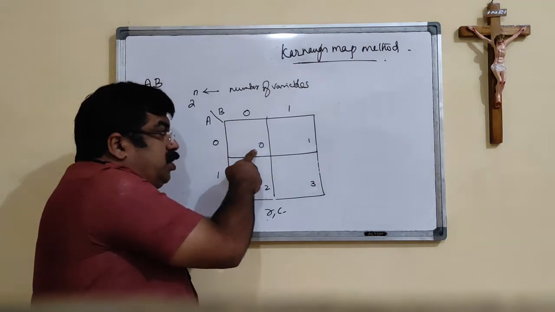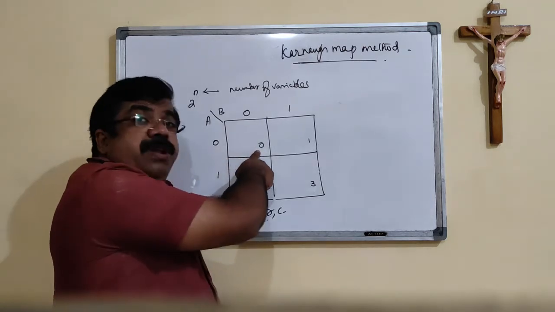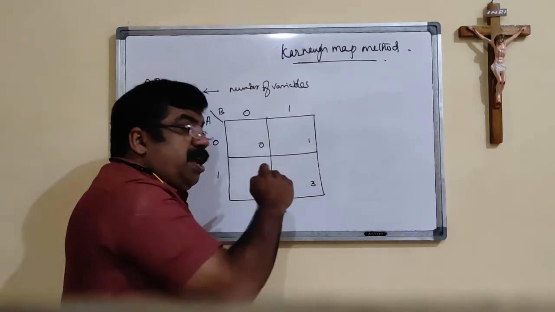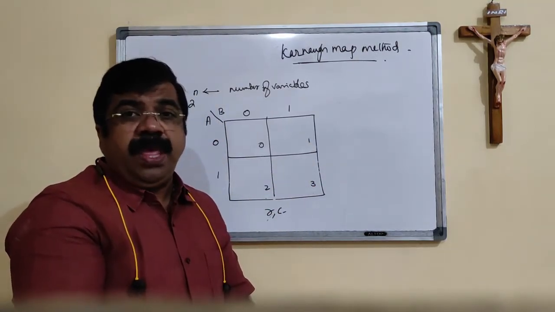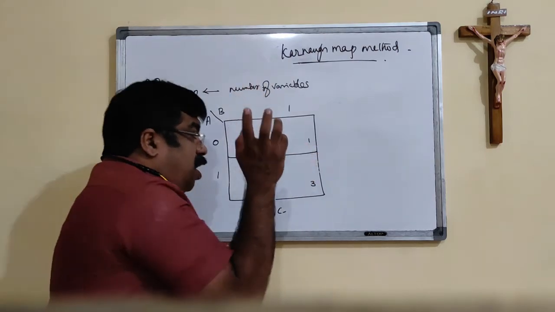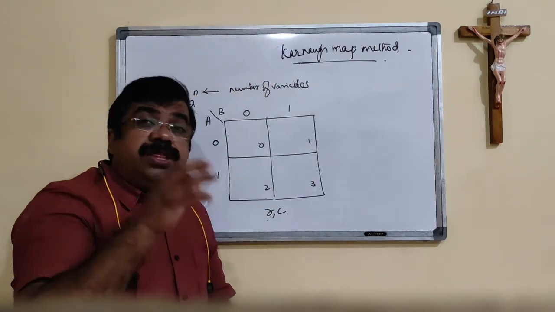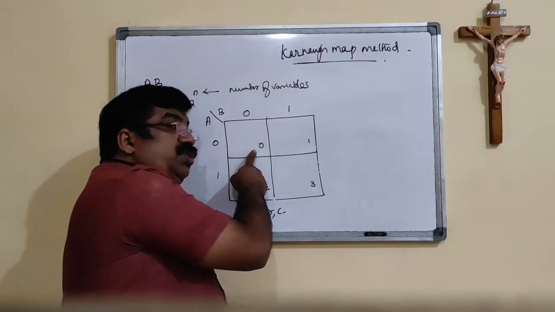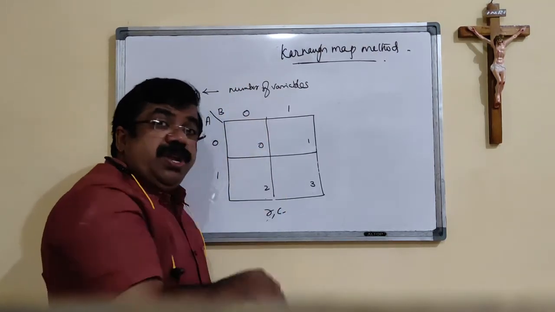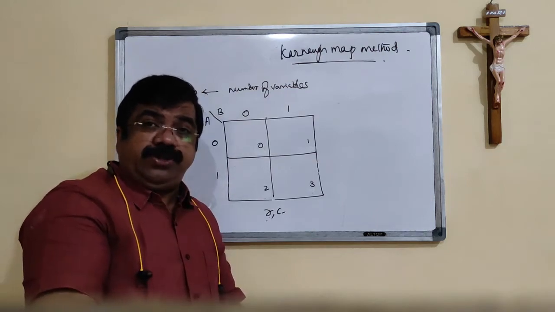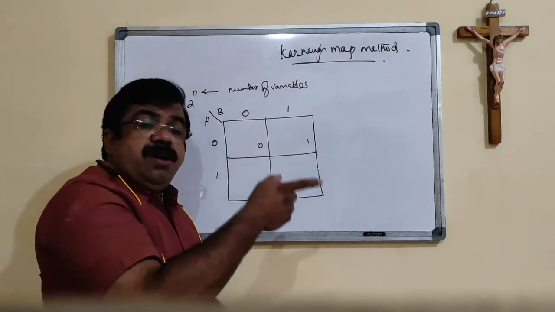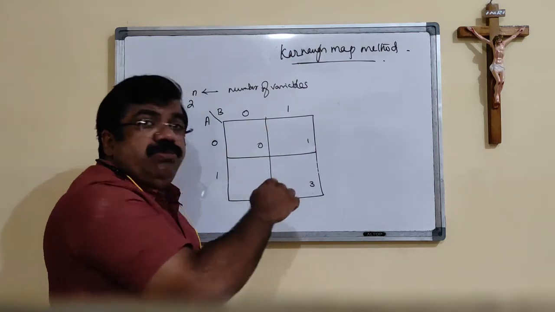That is, this particular square is representing min term 0, min term 1, min term 2, min term 3, etc. And if this Karnaugh map is representing the product of sums, then these squares will be representing the max terms: max term 0, max term 1, max term 2, max term 3.